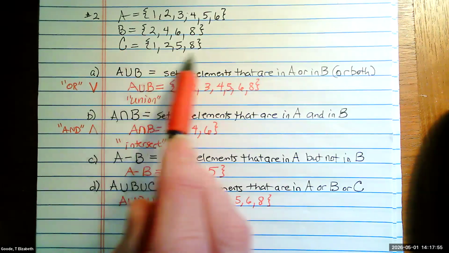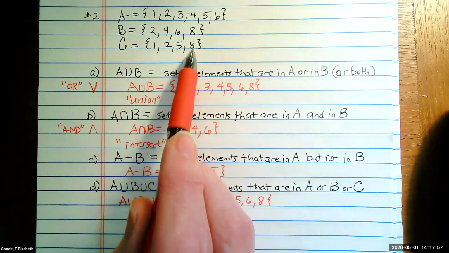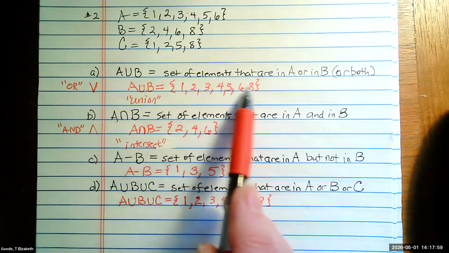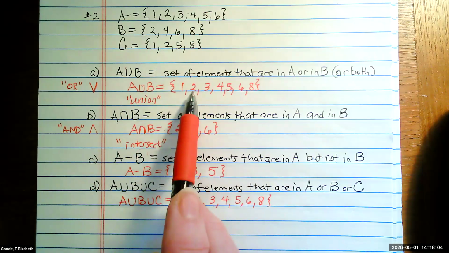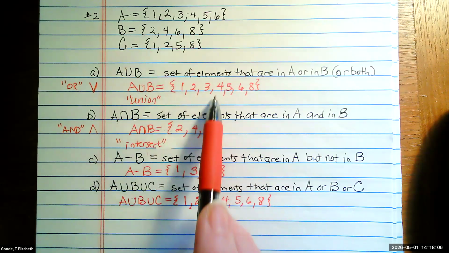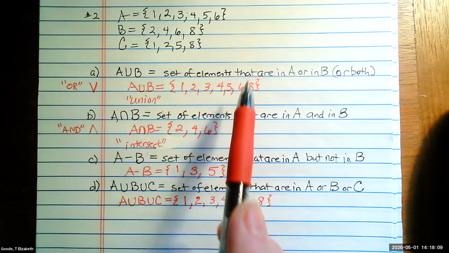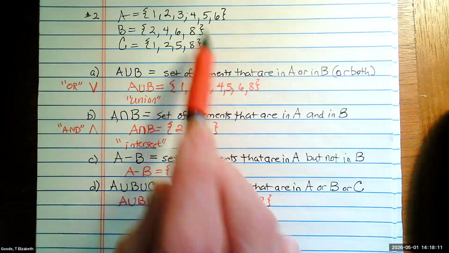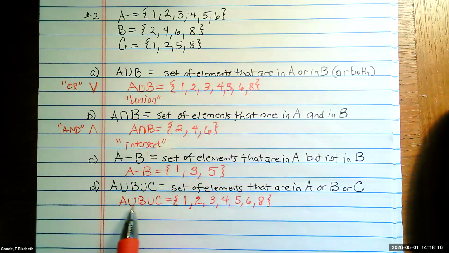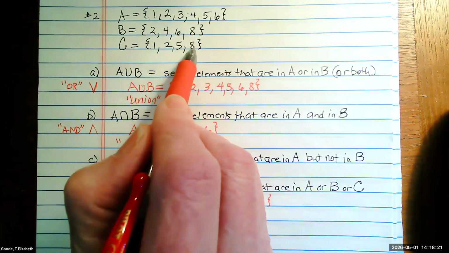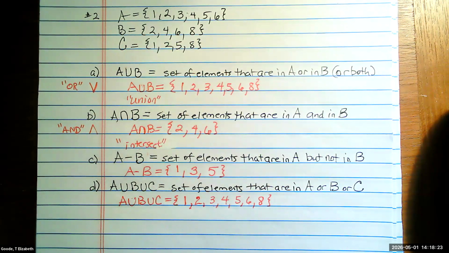The elements of C are already present in A union B. The 1 is already in A, so it's already in A union B. The 2 is in A. The 3 is in A. The 4 is in A. The 5 is in A. The 6 is in both A and B. And the 8 is already in B. So unioning A union B with C doesn't add any more elements because C is a subset of A union B. Okay, that makes sense.